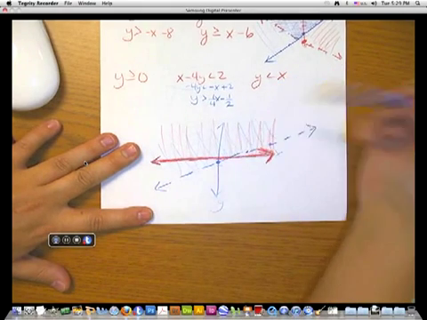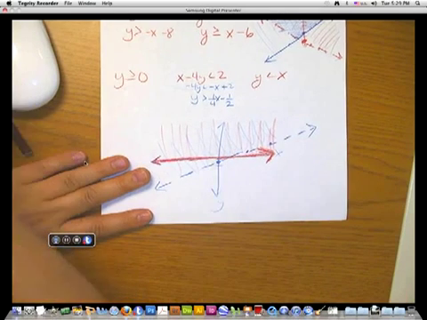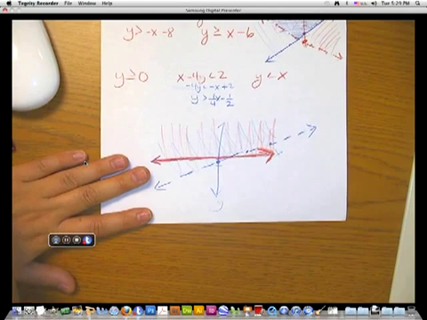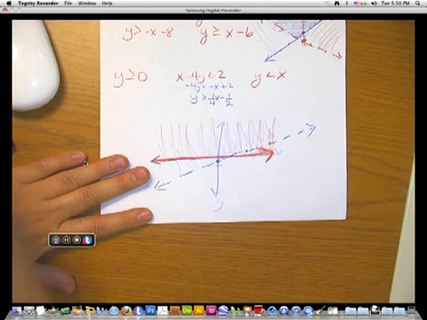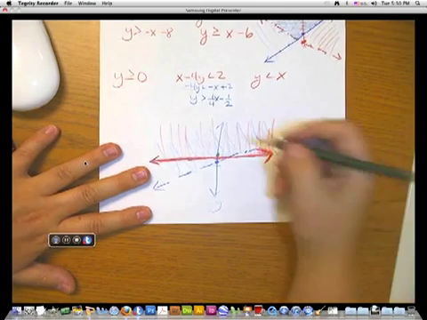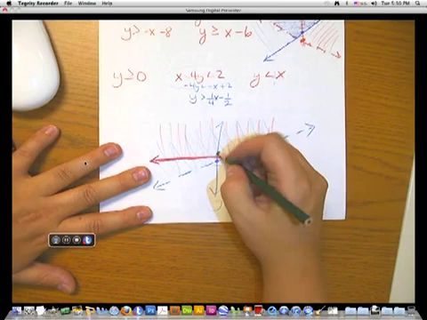Okay, so right now their intersection is kind of up here. Now I need to look at my last one. It says y is less than x, so that means I'm starting at the origin. And my slope is +1 over 1.